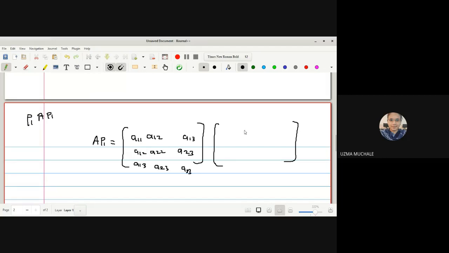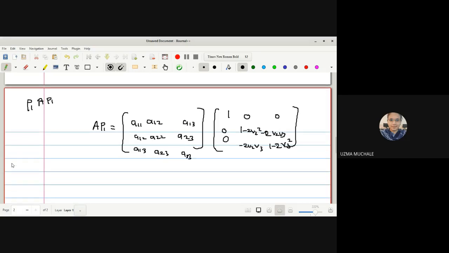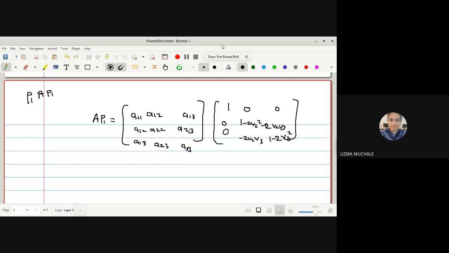And the P1 matrix we have obtained is 1, 0, 0; 0, 1 minus 2 V2 square, minus 2 V2 V3; 0, minus 2 V2 V3, 1 minus 2 V3 square. We have to multiply these two matrices, and afterward again find P1 A P1.